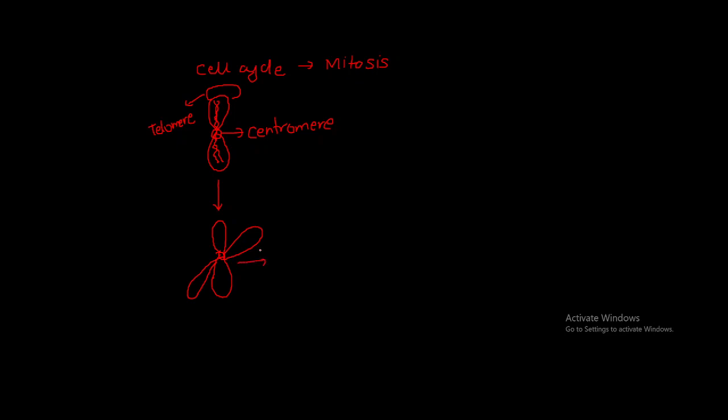Again, there is one chromosome, or you can say two sister chromatids. So you can decide the number of chromosomes by counting the number of centromeres. If there is one centromere, then you will have one chromosome, and like that.